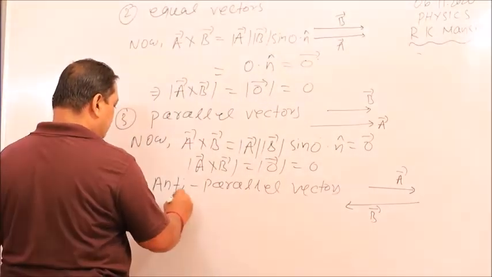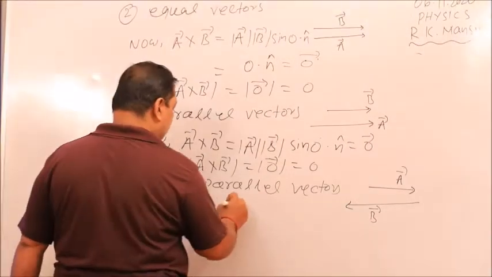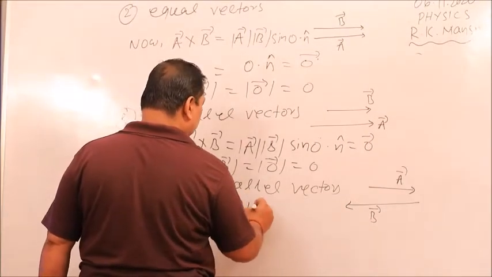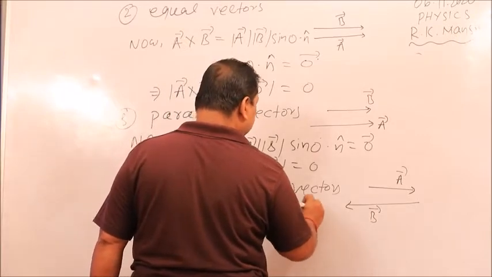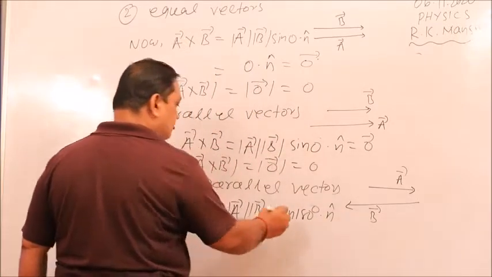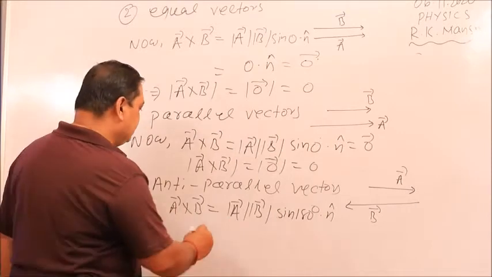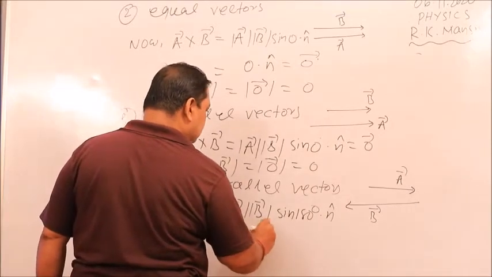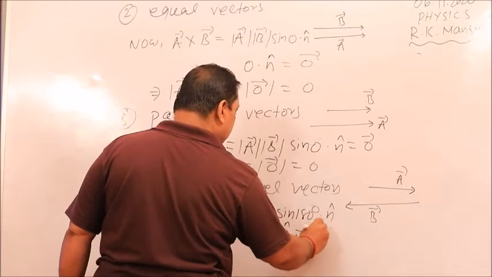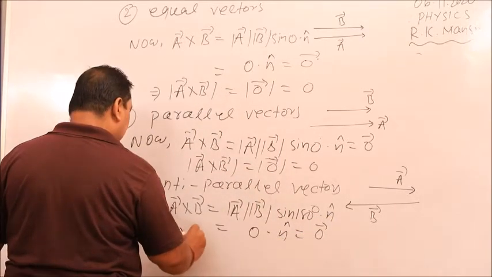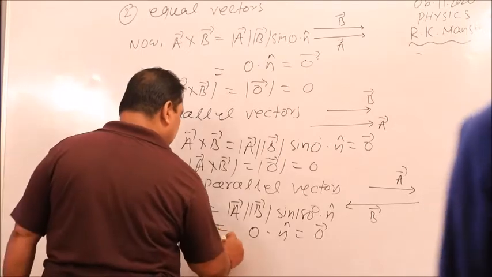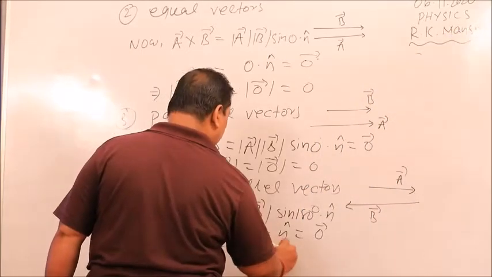Therefore A cross B equal to modulus A modulus B sin 180 n cap. Value of sin 180 is also 0, so 0 dot n cap equal to also null vector. And finally modulus of A cross B equal to modulus of null vector, that is also 0.